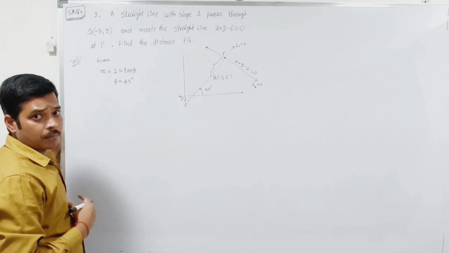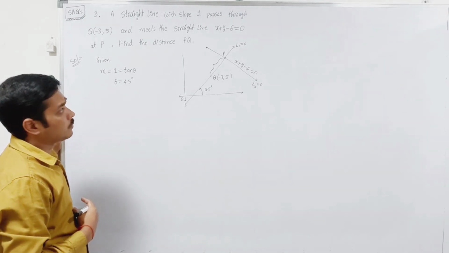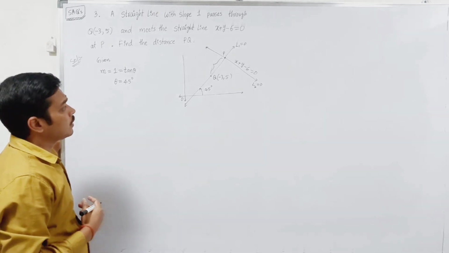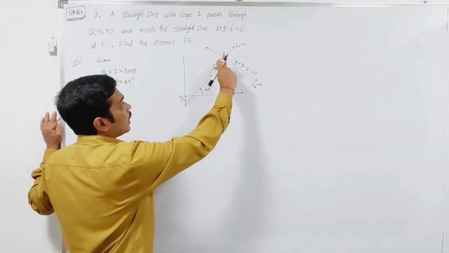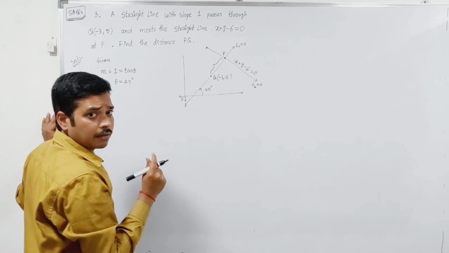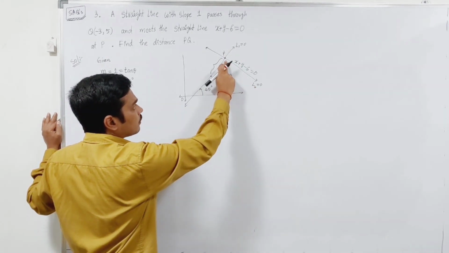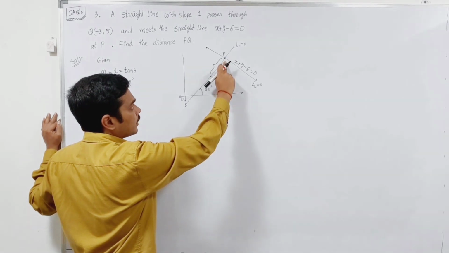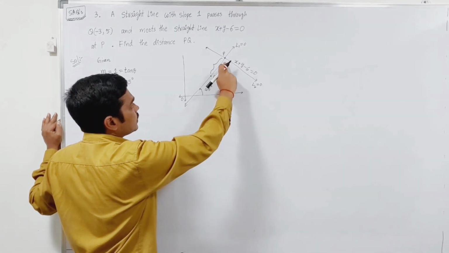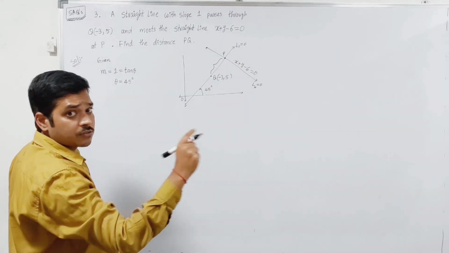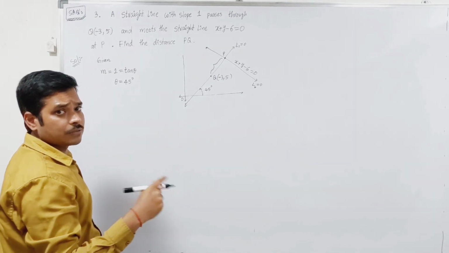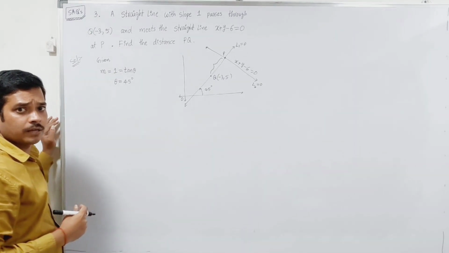One is by using the parametric equation concept. The second method is to first find the equation of L1. After finding the L1 equation, solve L1 and L2 to get the point of intersection P. After getting P, find the distance between P and Q by using the distance formula, square root of (x1 - x2) whole square plus (y1 - y2) whole square.